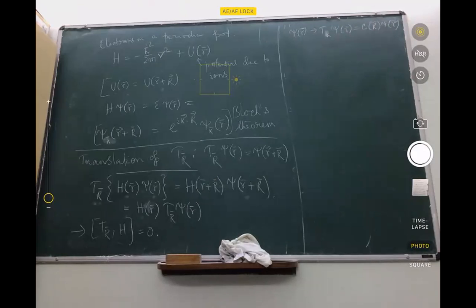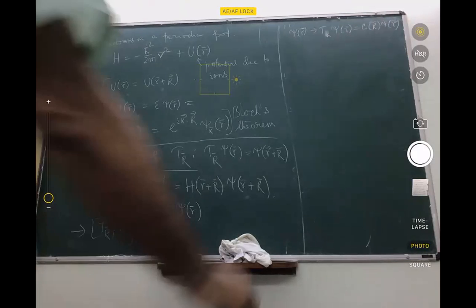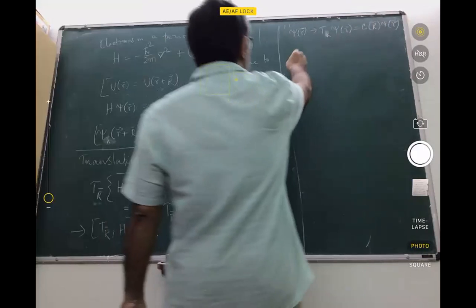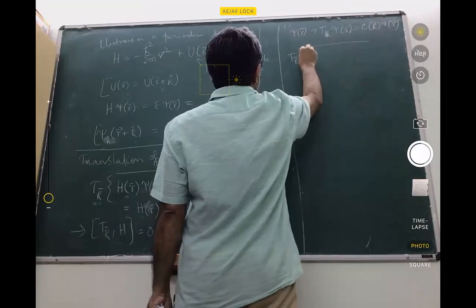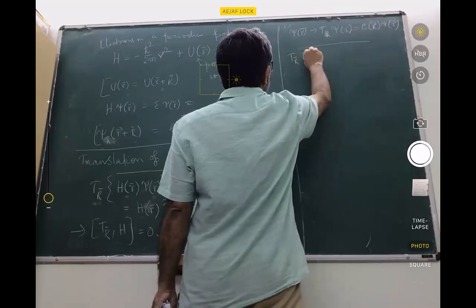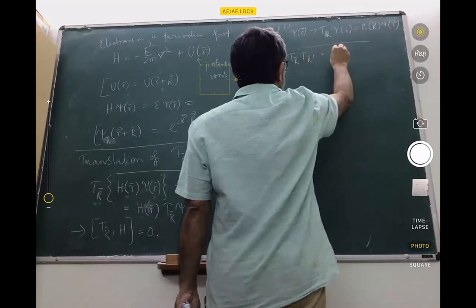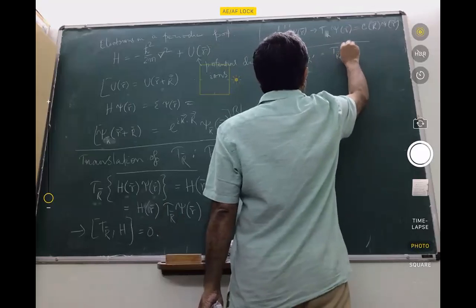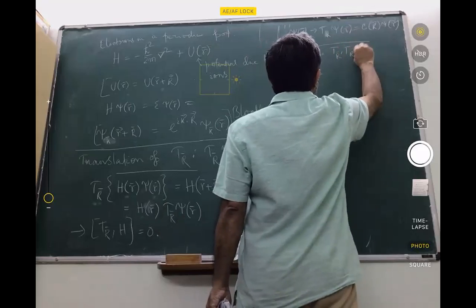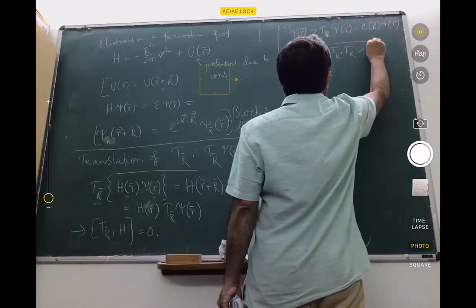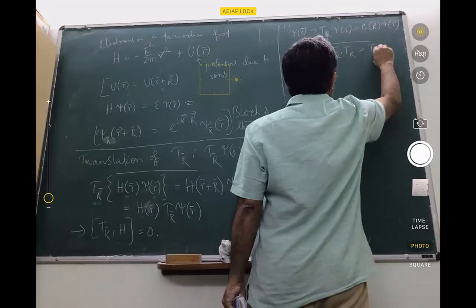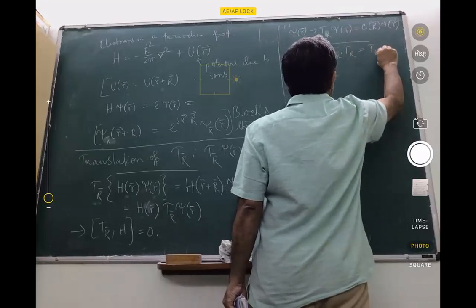There is one more condition that we will need, which we'll come to. The other thing that we need is that T of R, you can just act it on any function of r and easily show it.